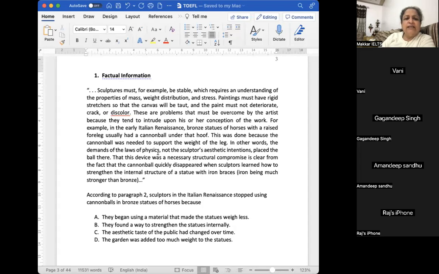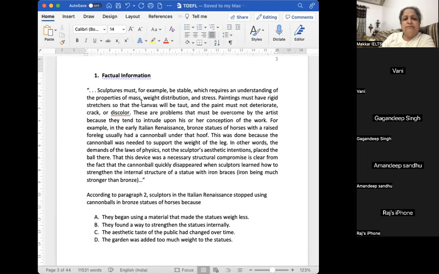This was done because the cannonball was needed to support the weight of the leg. In other words, the demands of the laws of physics, not the sculptor's aesthetic intentions, place the ball there. That this device was a necessary structural compromise is clear from the fact that the cannonball quickly disappeared when sculptors learned how to strengthen the internal structure of a statue with iron braces, iron being much stronger than bronze.